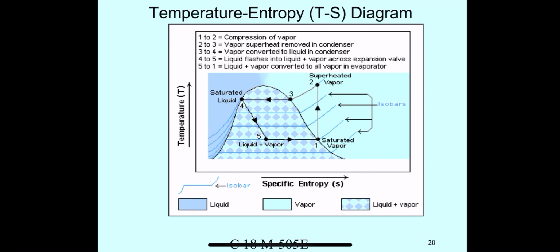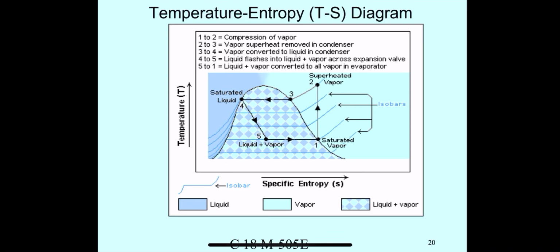The 1 to 2 process is compression of vapor, and in the 2 to 3 process the superheat of the vapor is removed in the condenser. 3 to 4 is vapor converted into liquid in the condenser, and 4 to 5 is the liquid flashing into liquid and vapor across the expansion valve. So the liquid is sent to the expansion valve, and in 5 to 1 the liquid and vapor mixture is converted to all vapor in the evaporator.